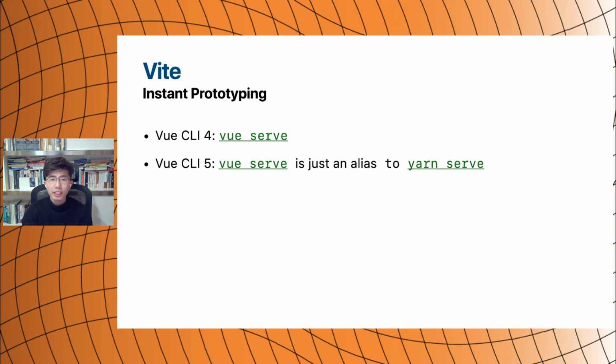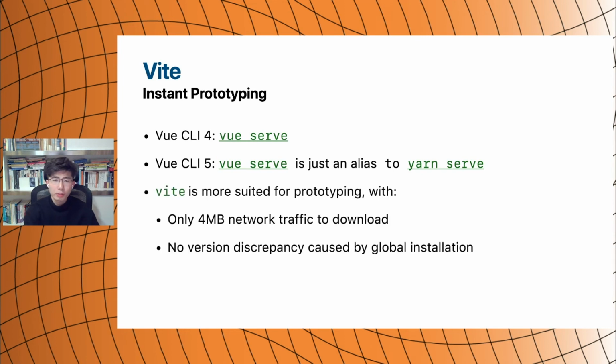For the instant prototyping feature, we think that Vite might be better suited for this usage because of two reasons. First, Vite only requires 4 megabytes of network traffic to download, so it is much smaller than Vue CLI itself.